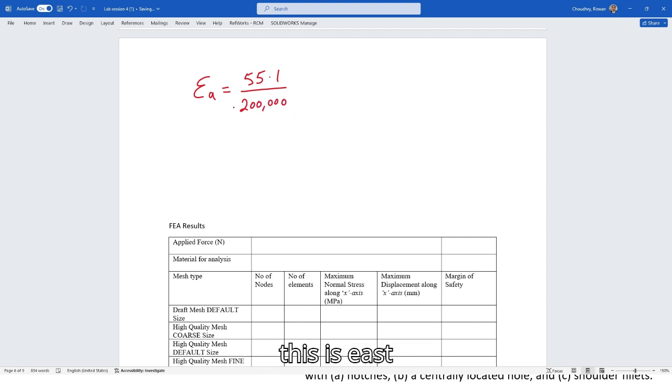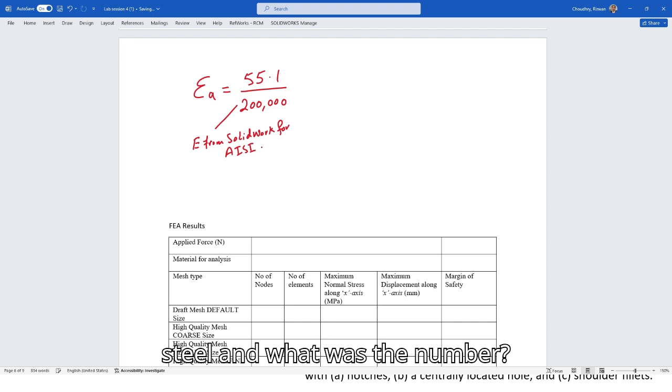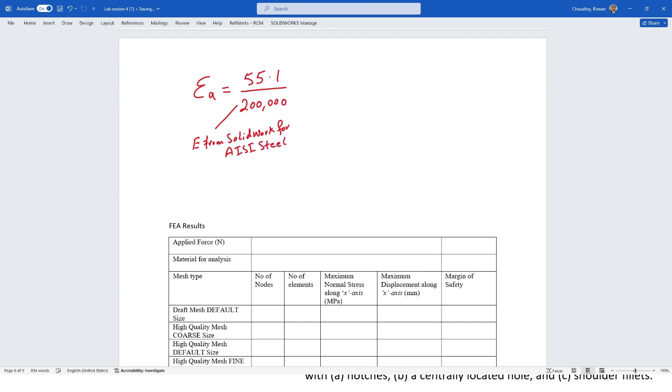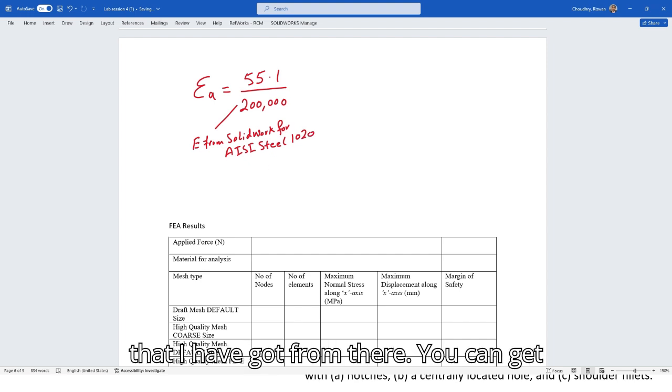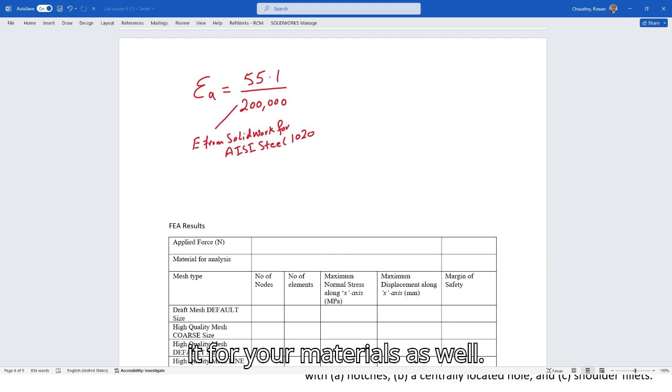This is E from SolidWorks for AISI steel 1020, okay? You can get it for your materials as well.